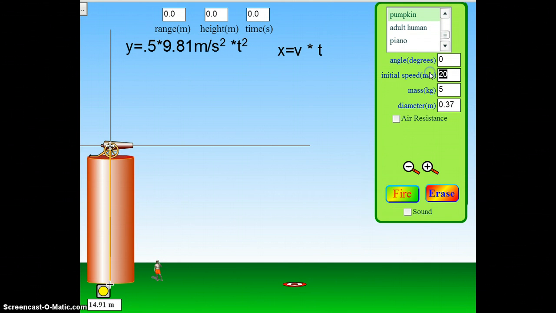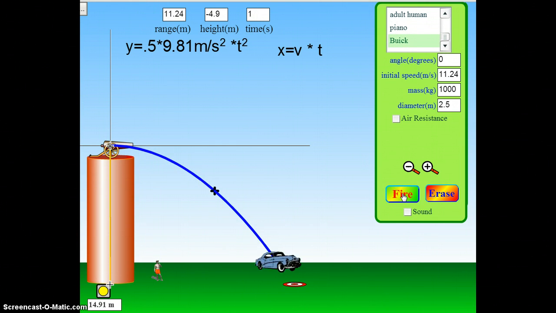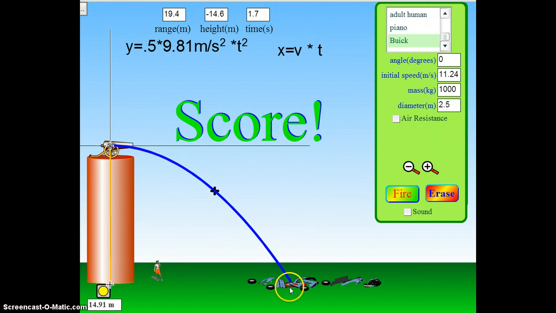So if I put that in here, 11.42 for our initial speed. In theory, it's going to hit it. Instead of a pumpkin, let's shoot a Buick. Hey, it hit. Excellent.